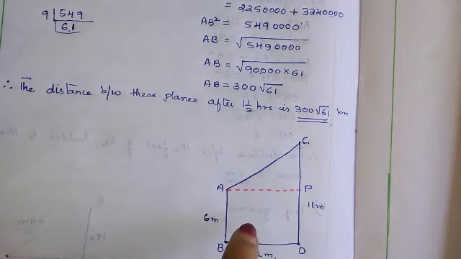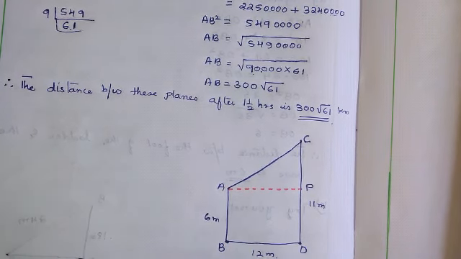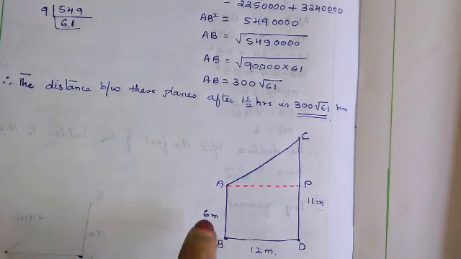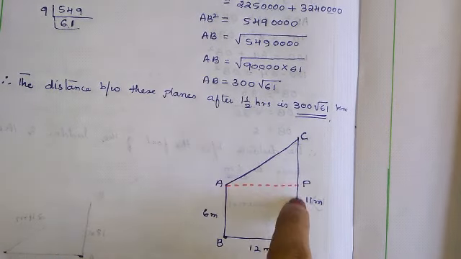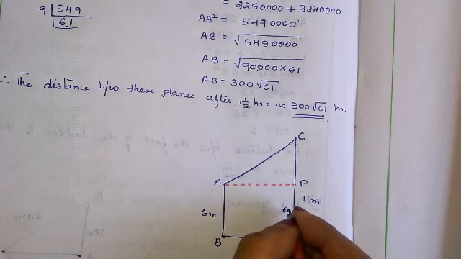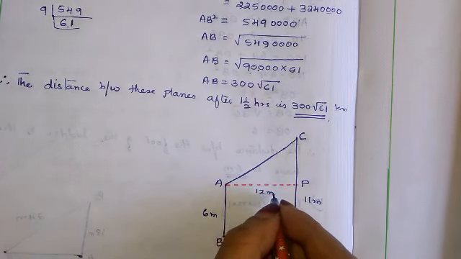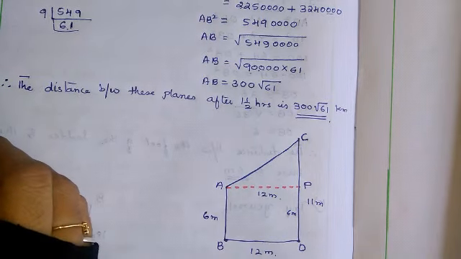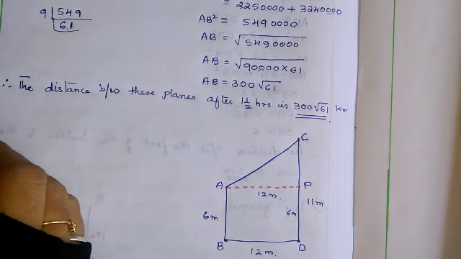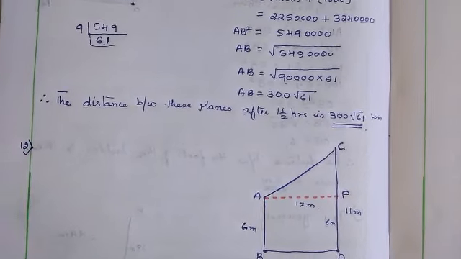So now we know that in a rectangle, opposite sides are equal. If this is 6 meter, this side also will be 6 meter. If BD is 12, this is also 12. Okay. Let us write now question number 12.